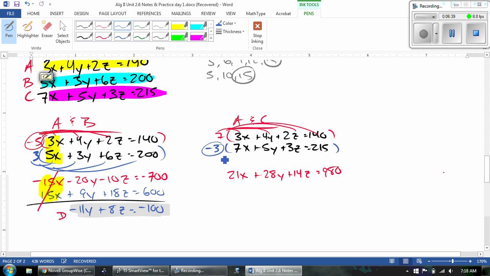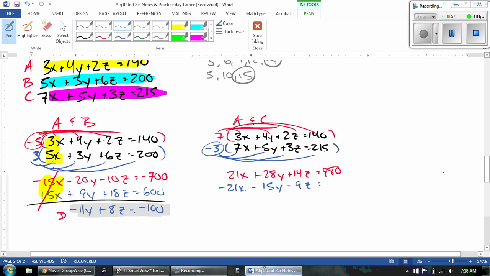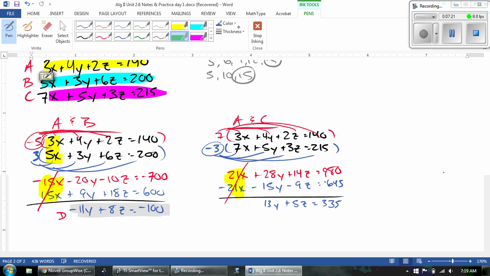Now let's remember we're multiplying by negatives, so that's negative 21x, negative 15y, negative 9z, and then 215 times negative 3 is negative 645. And once again, our x's cancel. Then we get 13y plus 5z equals 335.